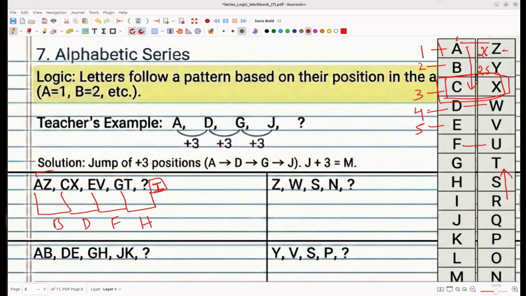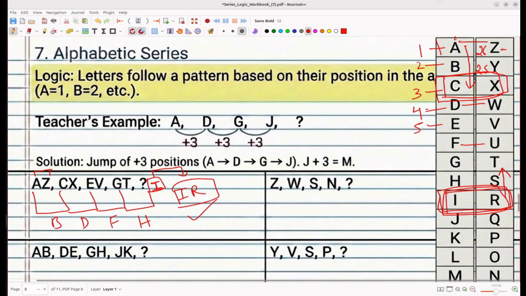Here we have seen that opposite letter of A is Z. Like that, what is the opposite letter of I? See in the reference here, that is R, right? So IR will be the answer. The next series letters will be I and R. Like that we can identify.